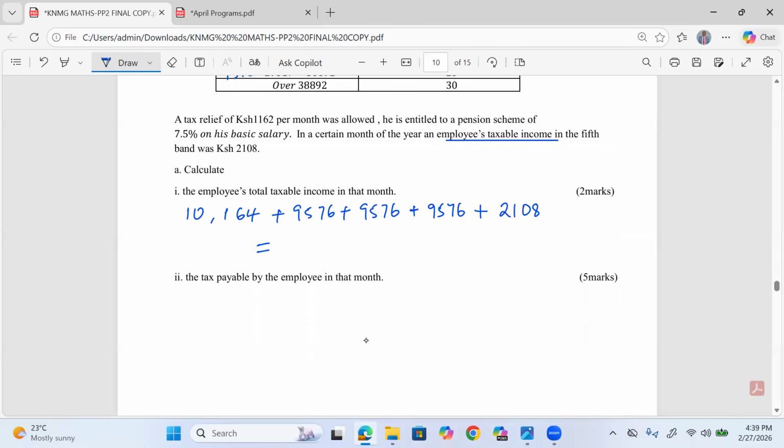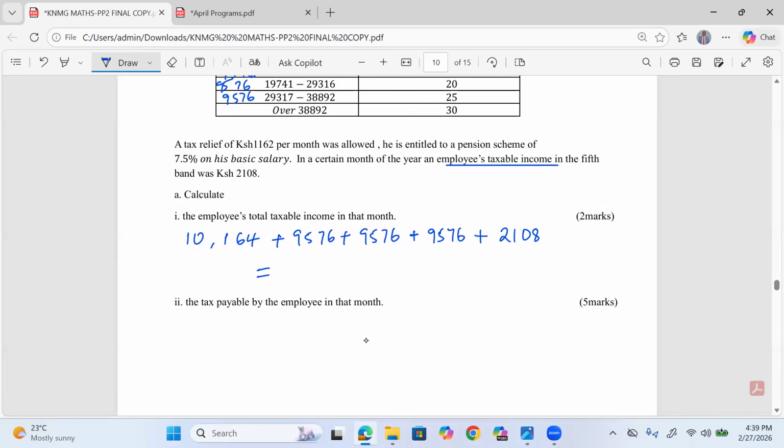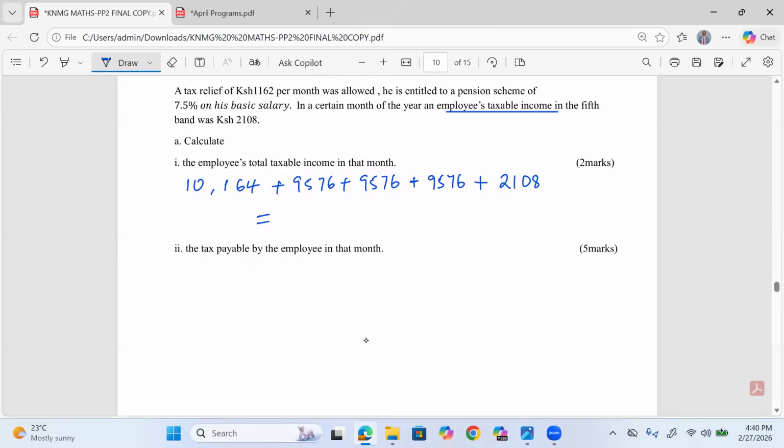So what we are having is the total taxable income. We take 10,164 plus 9576 times 3. Then we add 2108. This is exactly 41,000.